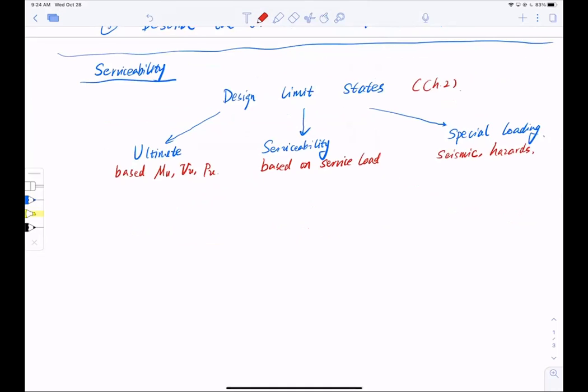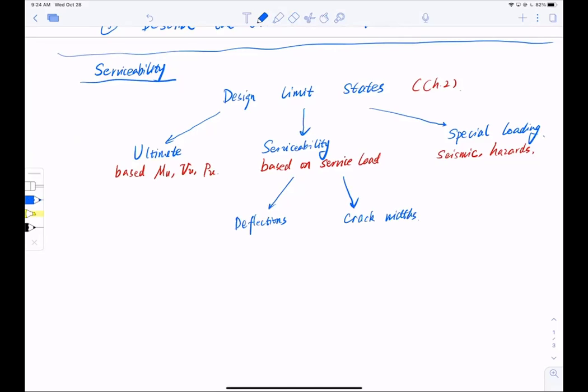So based on service loads, there are two things we concern ourselves with, right? One is deflection. How much it moves, how much it bends. And the other is cracking, how wide the crack pops open, because we want our rebar to be safe.